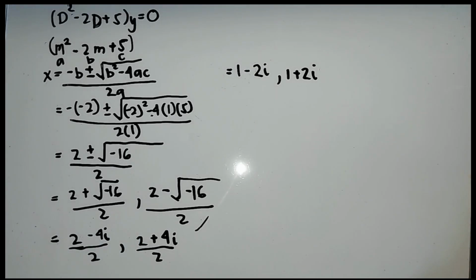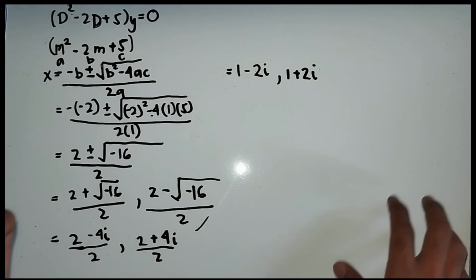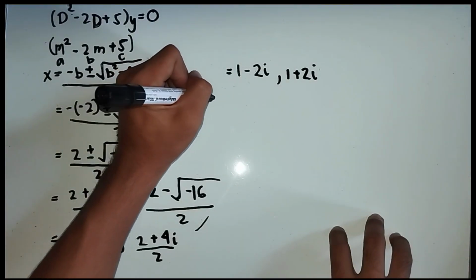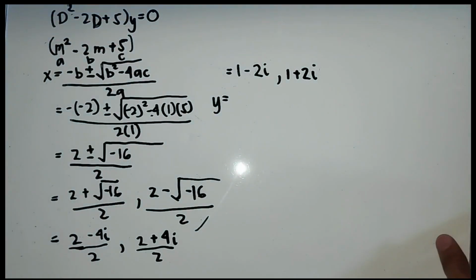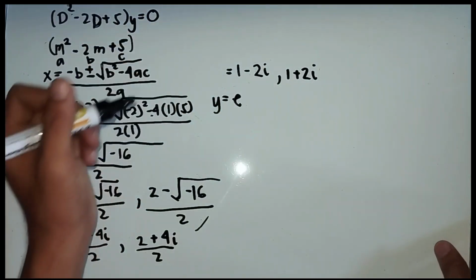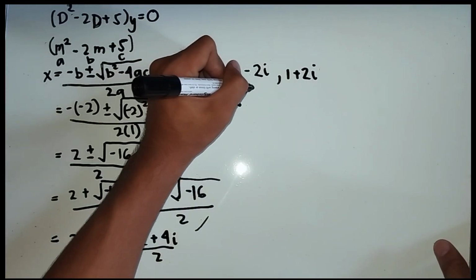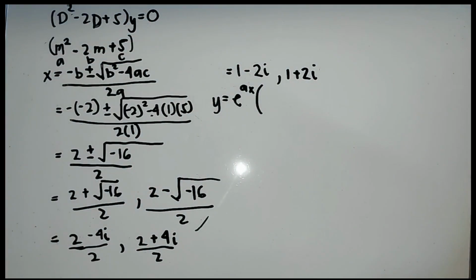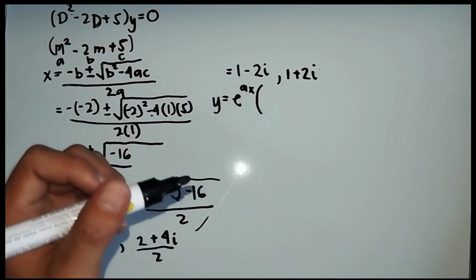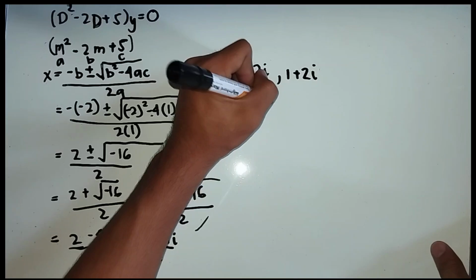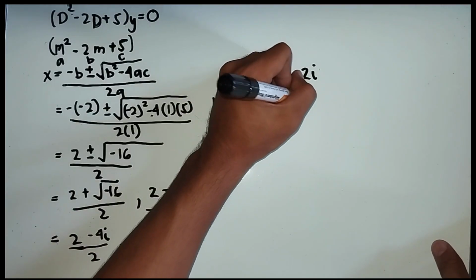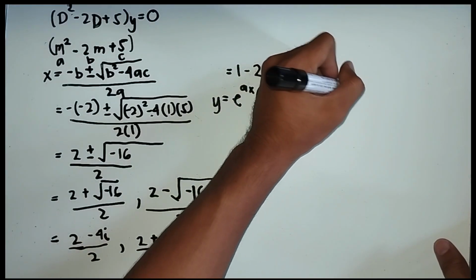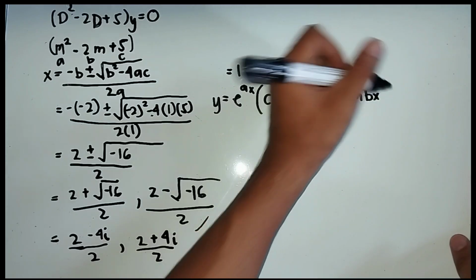The standard form for imaginary roots in a homogeneous DE is this: y is equal to e to the power of a times x, times the quantity c sub 1 cosine of bx plus c sub 2 sine of bx.